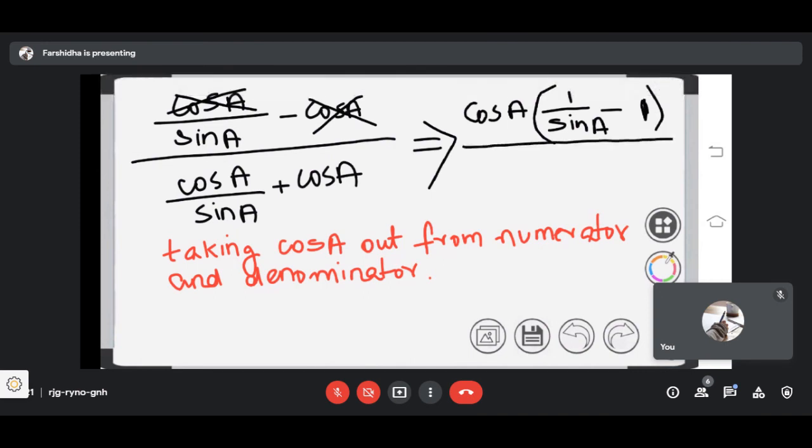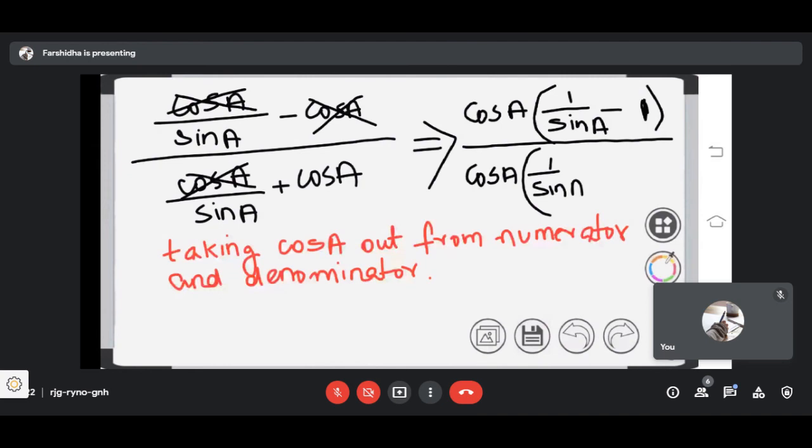Divided by, from the denominator also I am taking cos A outside. So cos A, what will remain inside the bracket? 1 by sin A plus, and from here only 1. So this is the next step. You write it below this.